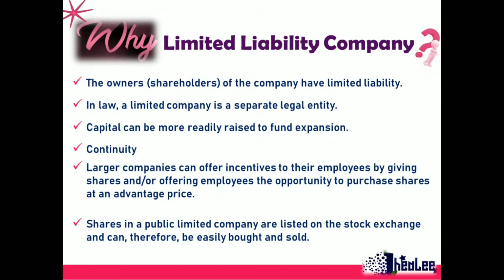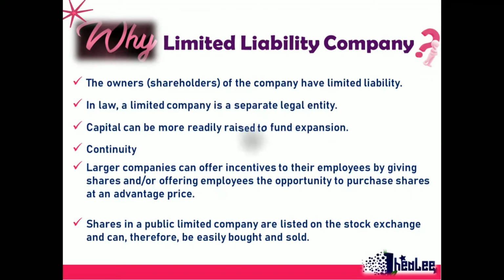Okay, so remember, the public minimum 7 individuals, 7 owners, while there is no maximum. For the private limited company, there is a minimum of 2, maximum of 50 members or shareholders, basically.